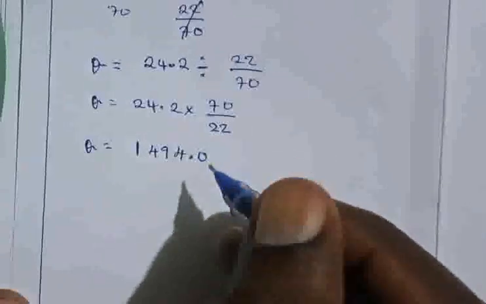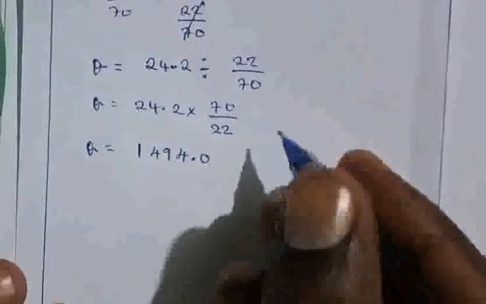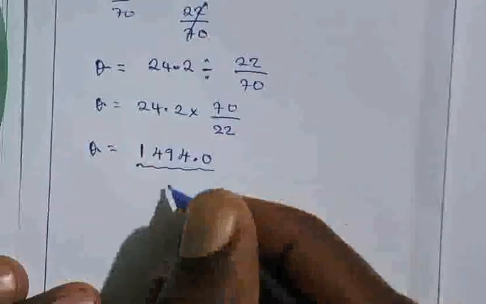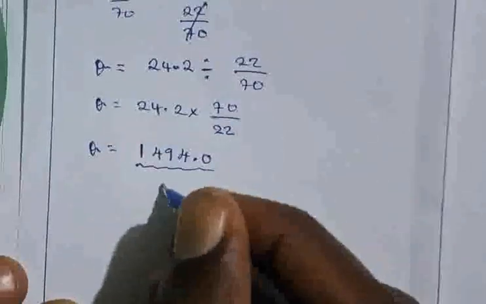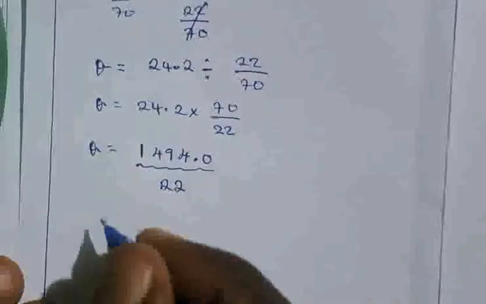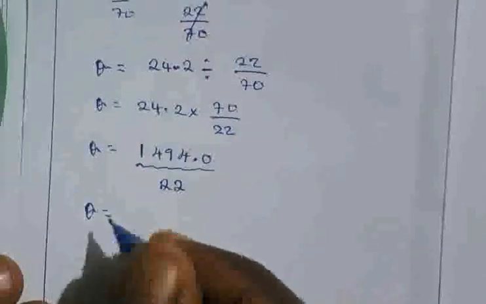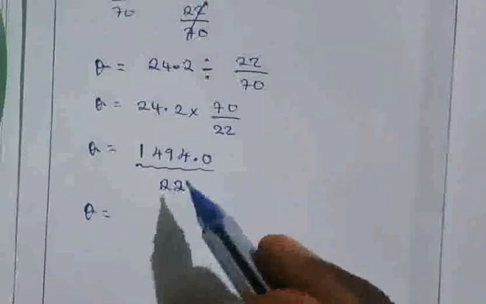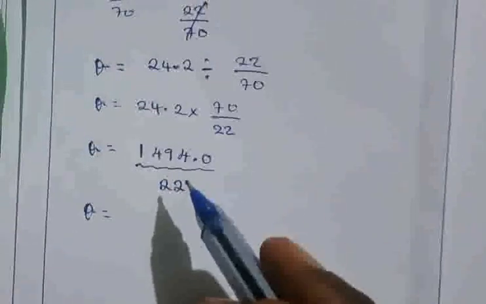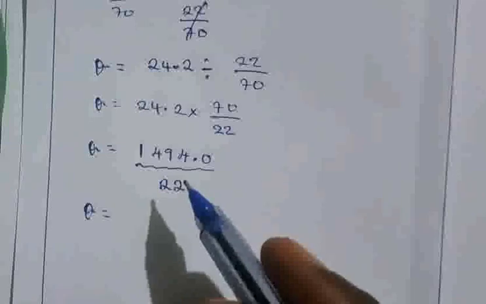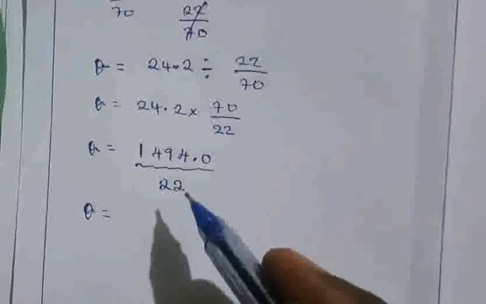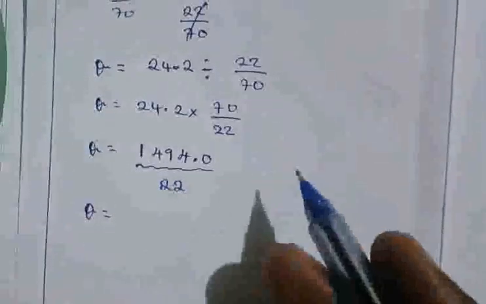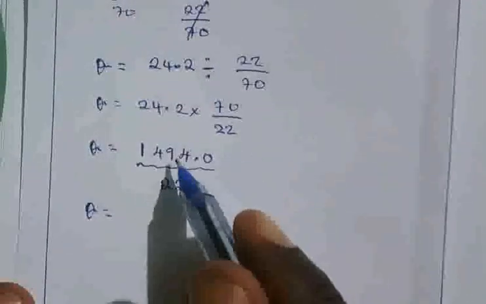Then this answer now, we're going to divide it by 22. So theta is equal to, then how do we divide these numbers? I know this is paper one where you are not allowed to use a calculator. So what you can do is say 22 into 1, can't, into 14, into 149.